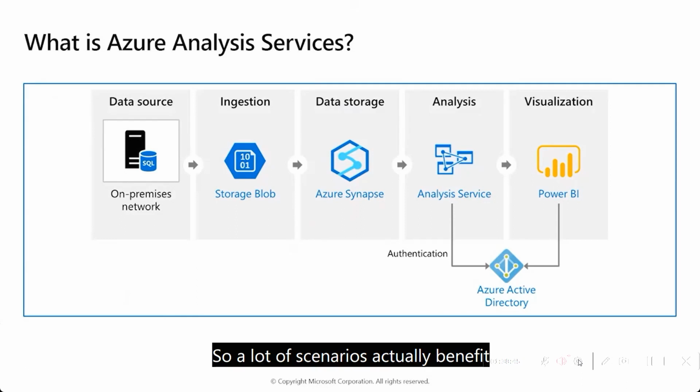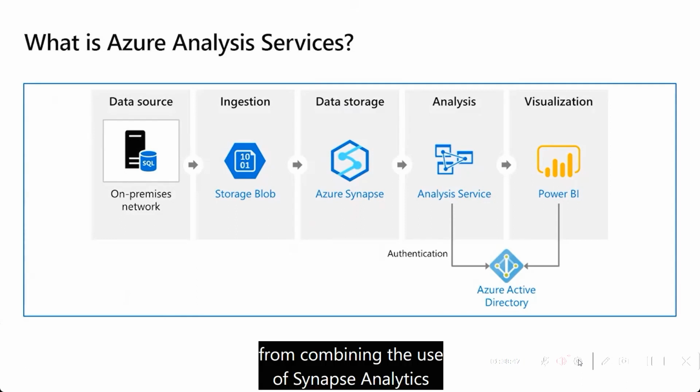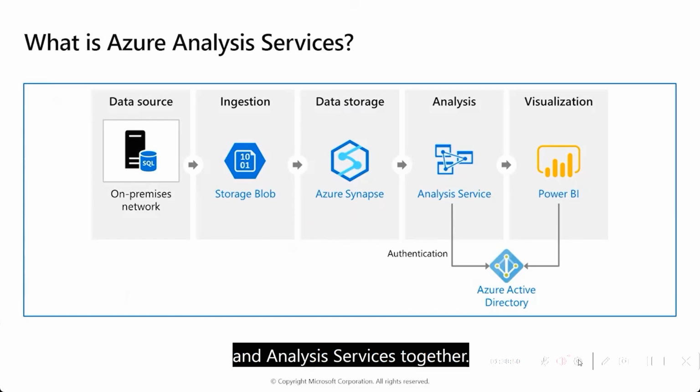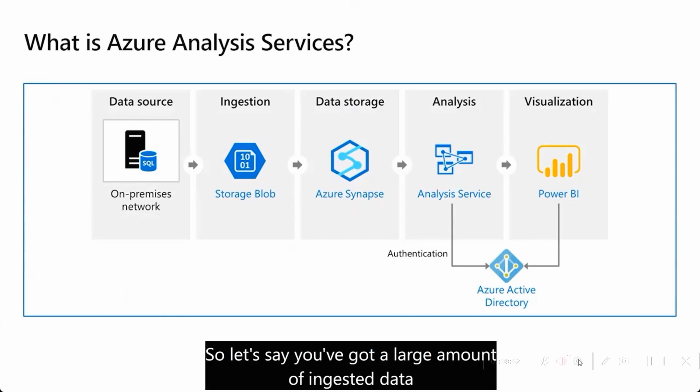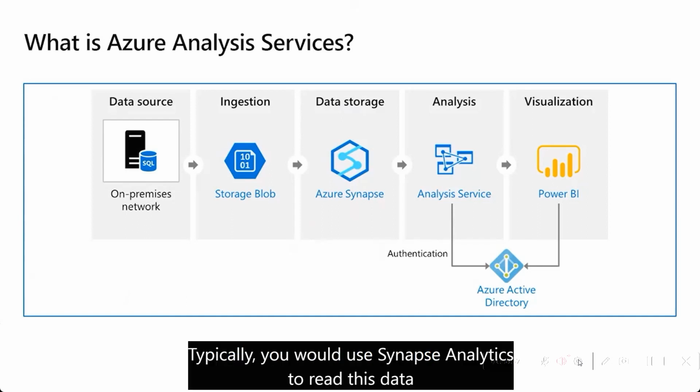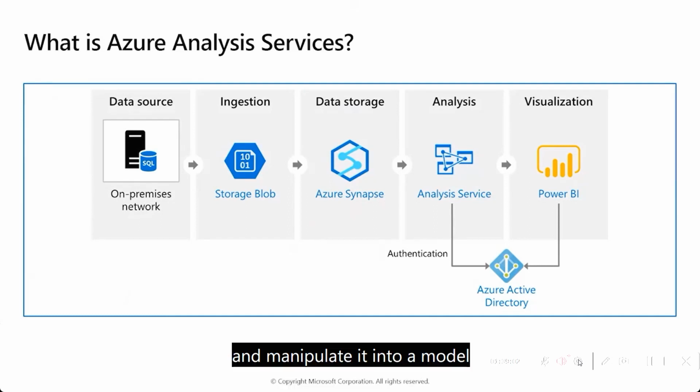A lot of scenarios actually benefit from combining the use of Synapse Analytics and Analysis Services together. Let's say you've got a large amount of ingested data that requires pre-processing. Typically you would use Synapse Analytics to read this data and manipulate it into a model that contains the business information rather than the large amount of raw data. And then you can use Analysis Services to investigate, get insights, and drill down into some of these business models and information.